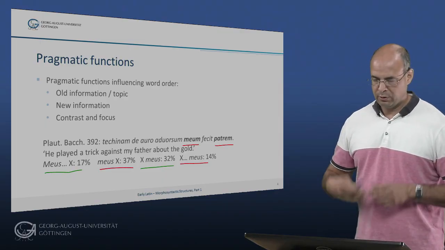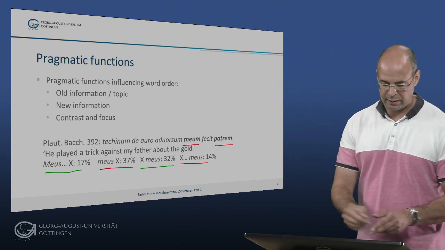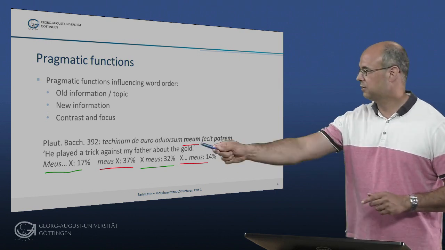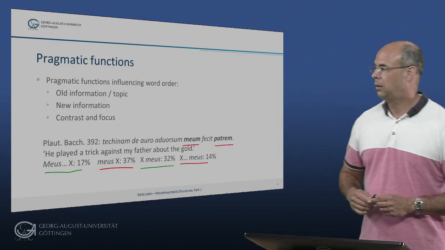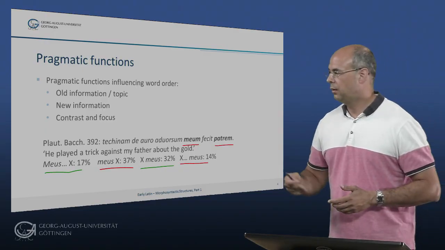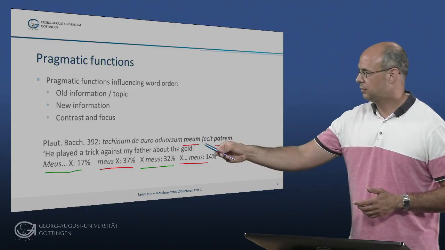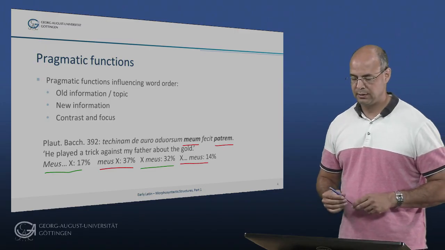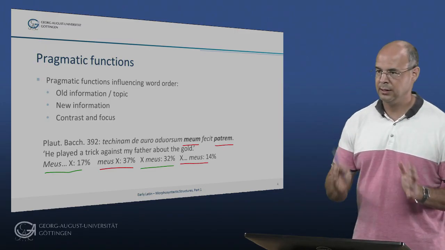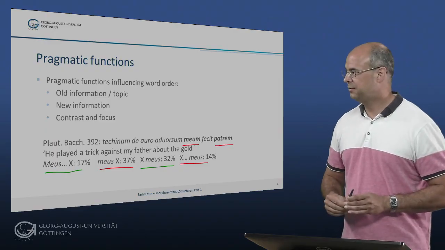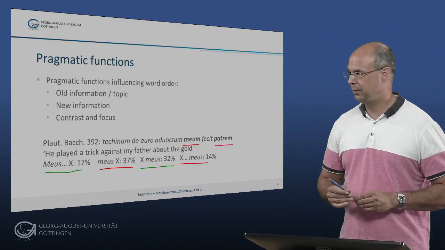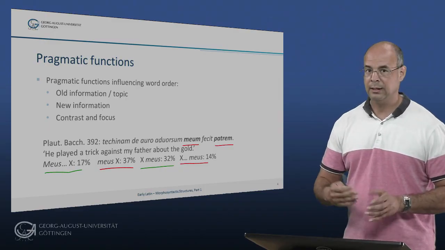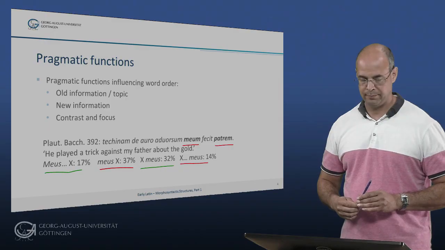Now, the more contrastive an element is, the more likely it is to stand in first position. If it's non-contrastive, it's most likely to stand in this 14% position after the head noun and in hyperbaton. So we don't get a clear one-to-one match of anything focal preceding or being in hyperbaton, but we get a very clear statistical tendency.